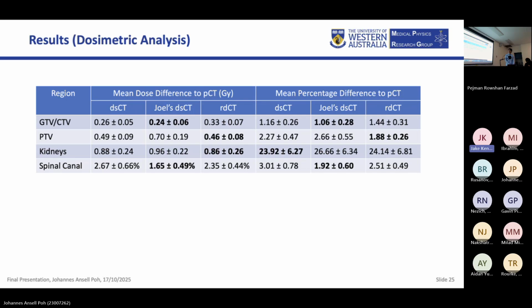I also compared the dose on the synthetic CT, comparing it to Joe's model and the diagnostic CT, and comparing that to the ground truth planning CT. I would like to thank Dani and Milad for doing those calculations for this section.